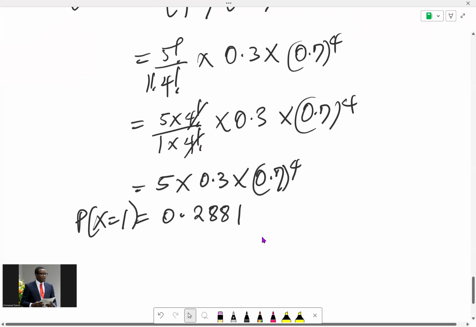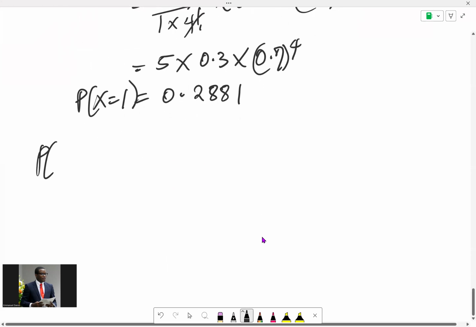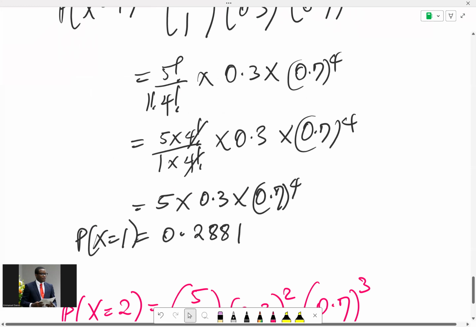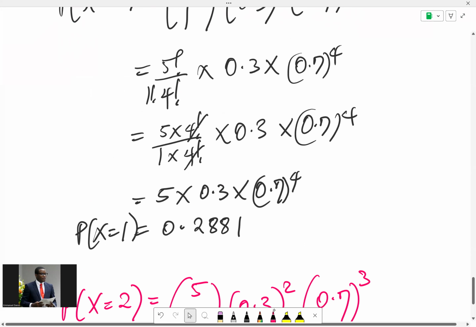I think it's fine. So what about the probability that x is equal to 2? It is simply 5 combination 2, 0.3 raised to power 2, then 0.7 raised to power 3. Yeah, that's how it goes.